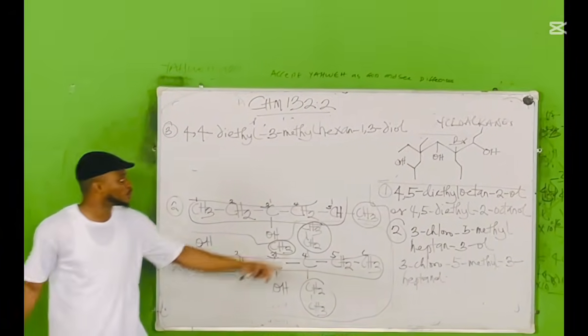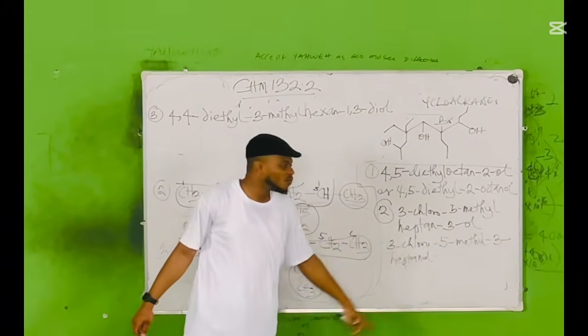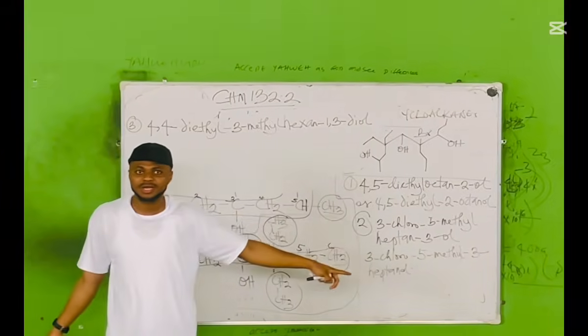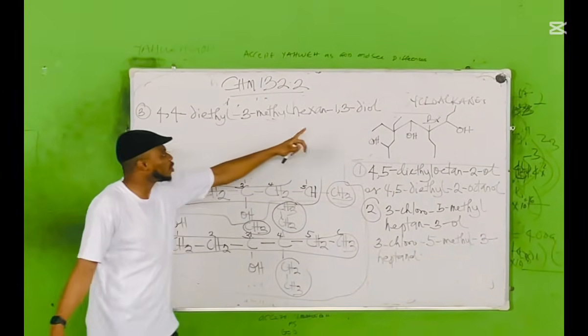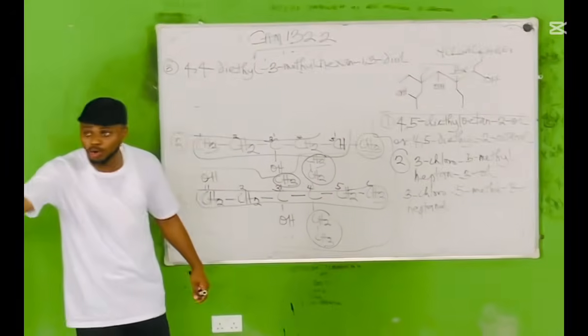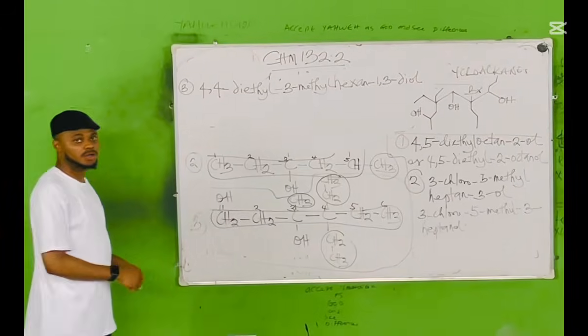Because there are 2 hydroxy groups, you must use di. You will not just say ol like we have been doing, because that was just 1 hydroxy group. So here we say diol because there are 2 hydroxy groups. If there are 3 hydroxy groups, it will be called triol. Beautiful.